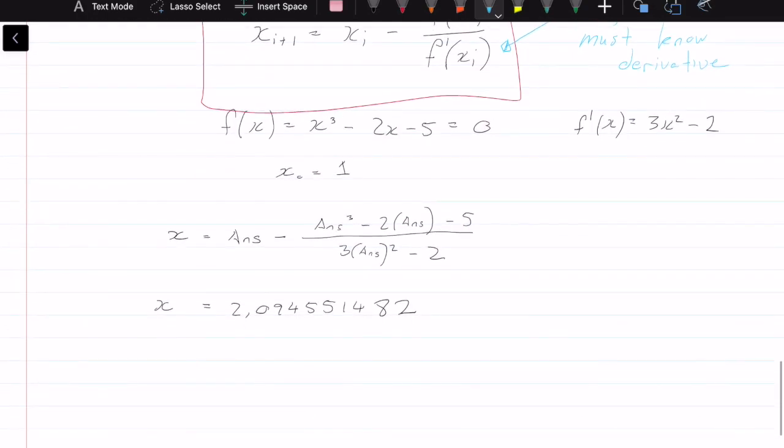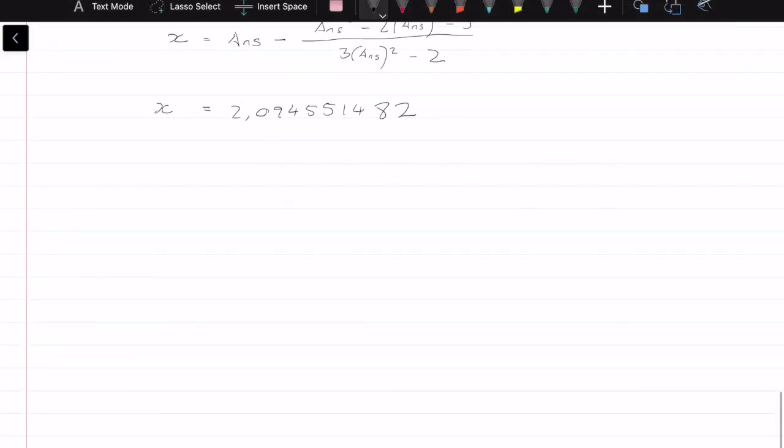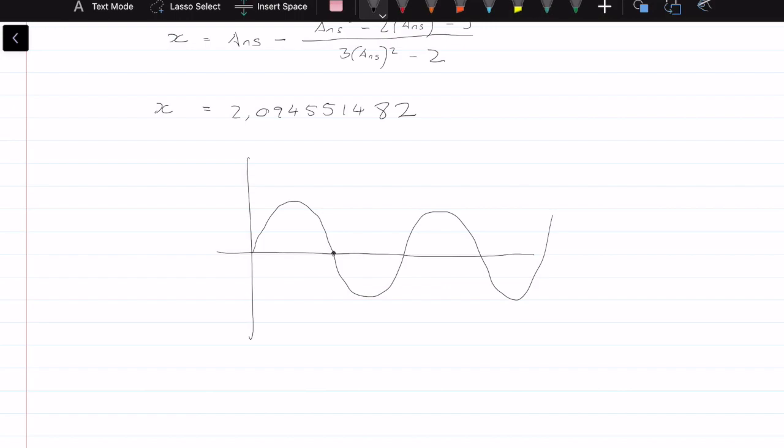Also, we have a bit of a problem with functions that are sinusoidal or periodic. For example, a sine graph looks something like that, so there are intersections here, here, here. Newton's method can only pick up one of these intersections.